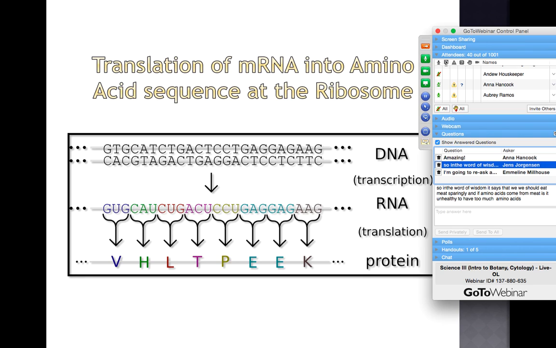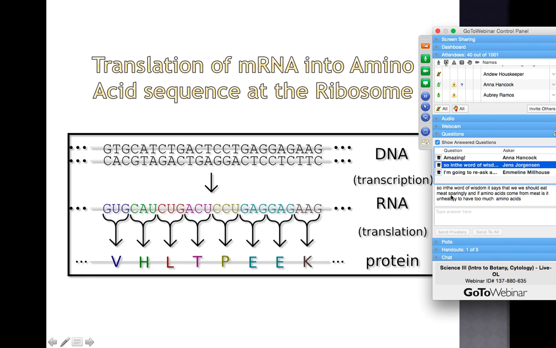Okay, so the body cannot use nucleic bases for making structures. It can only use them to transfer the genetic information. But the proteins are very, very versatile, and they can be used for a ton of different things. And so that is how the body translates the genetic information into RNA, and then the RNA is made into proteins.